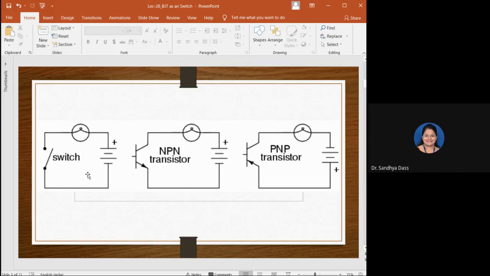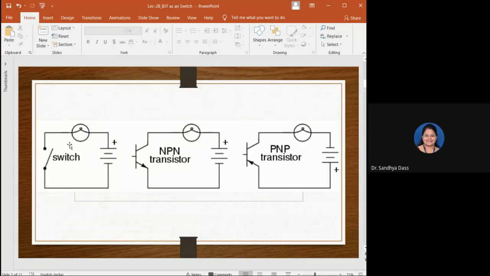If I have an application where I have a lamp and a battery, and I use a switch, there are only two options. If the switch is closed, the bulb will glow. If the switch is open, there is no current flowing through the circuit, so the lamp or the bulb will be switched off.